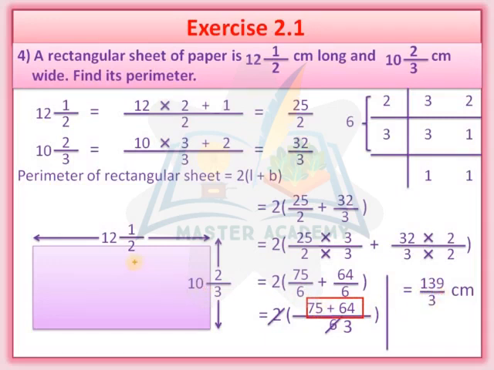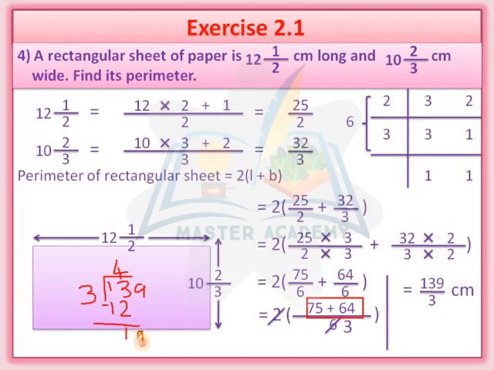Okay, so what answer will we get, beta? 139 divided by 3. 3 fours are 12. Minus, 13 minus 12 is equal to 1.